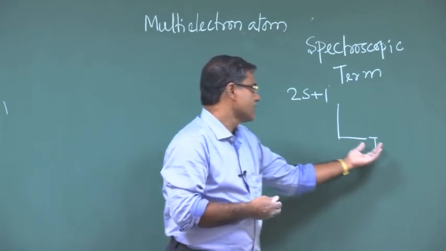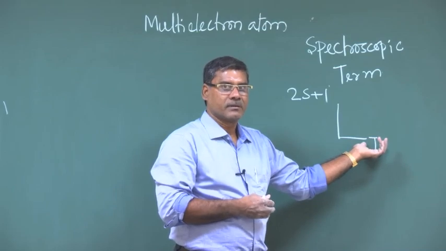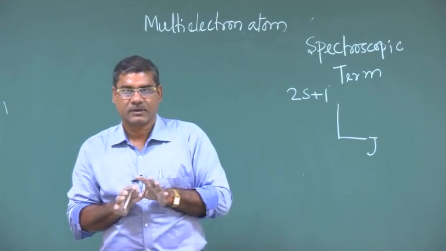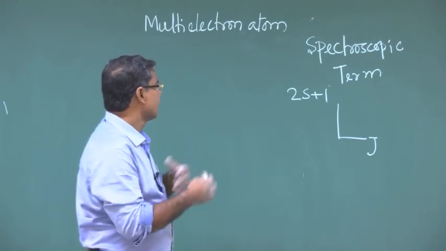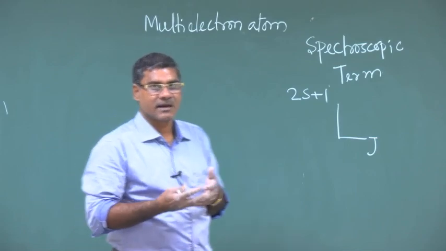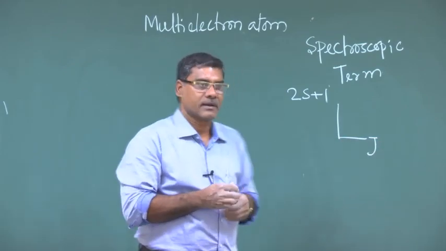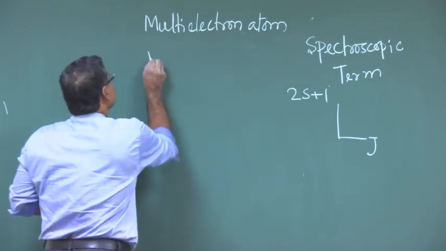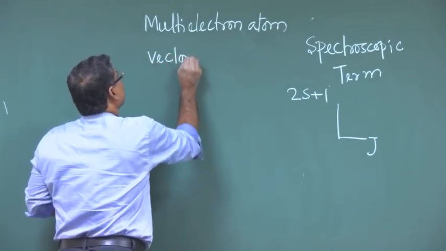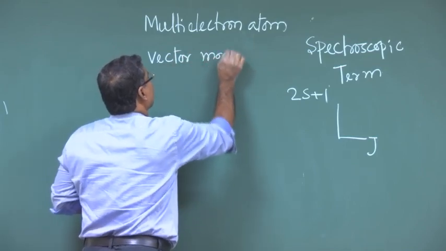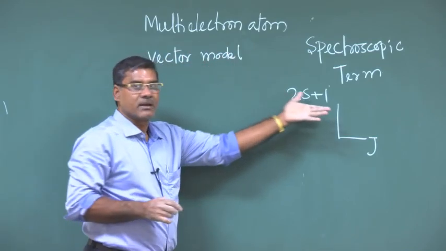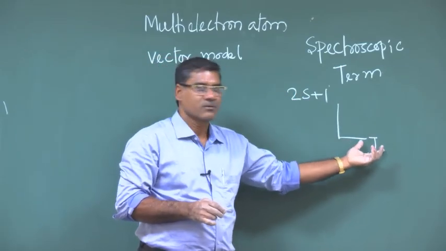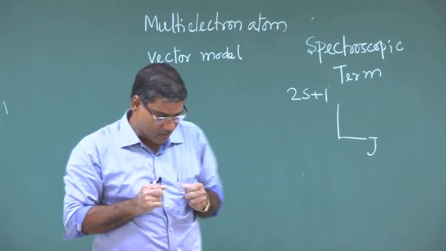Similarly, the J value is the total angular momentum of this atom, and taking LS coupling or JJ coupling, one can find out the J value. I have discussed using the vector model how to find out S, how to find out L and how to find out the J value.